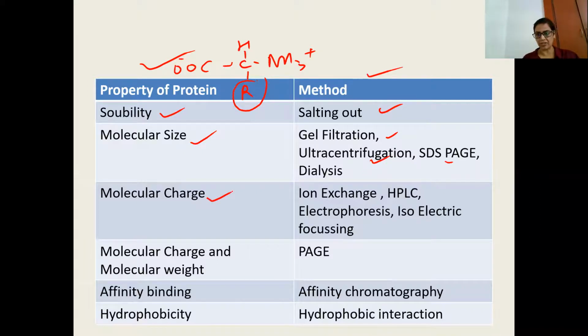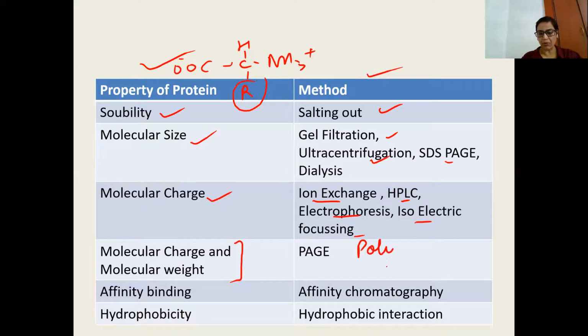Then comes charge, because obviously they are amphoteric in nature, they can behave as acids and bases. On the basis of charges, the methods used are ion exchange, HPLC, electrophoresis, and isoelectric focusing. If we talk about molecular charge and weight, this is PAGE.